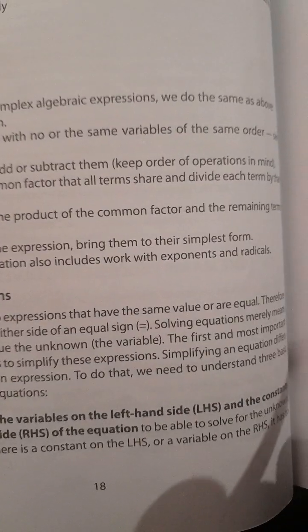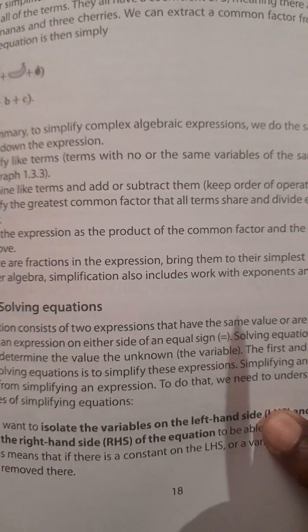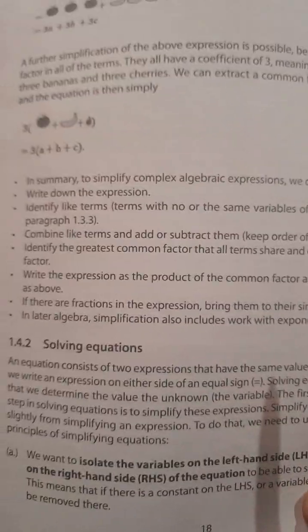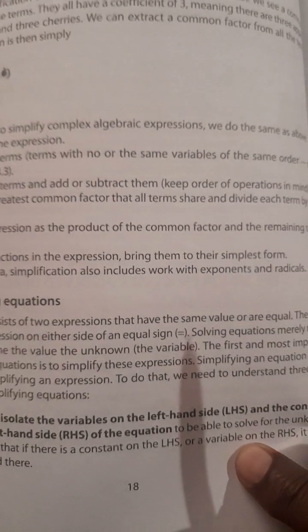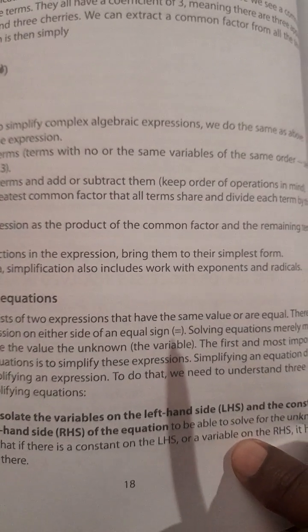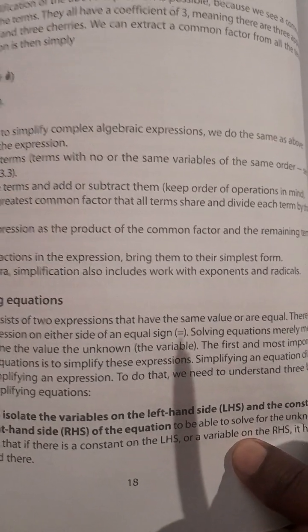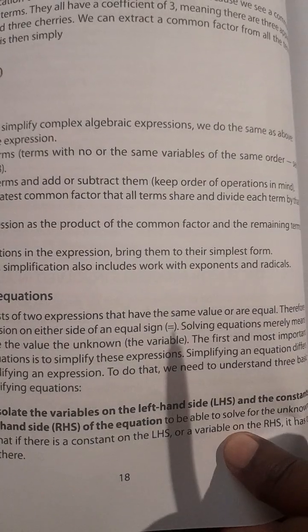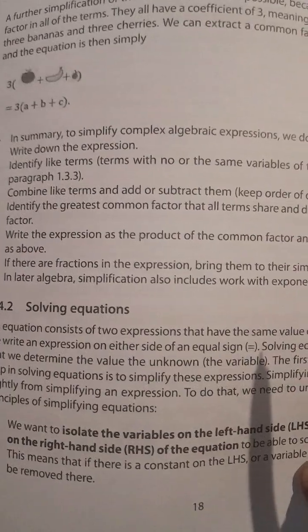The first and most important step in solving an equation is to simplify these expressions. Simplifying an equation differs slightly from simplifying an expression. That's what I told you. Remember, whenever we simplify or we express, we are talking about an expression. It's different from an equation, because in an equation we are just solving, right?